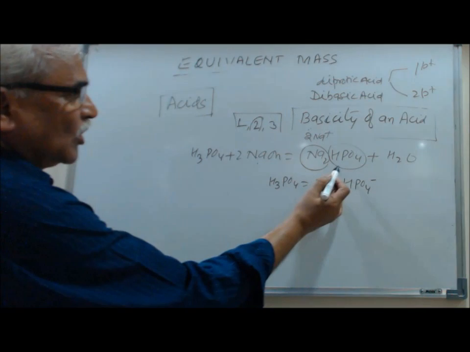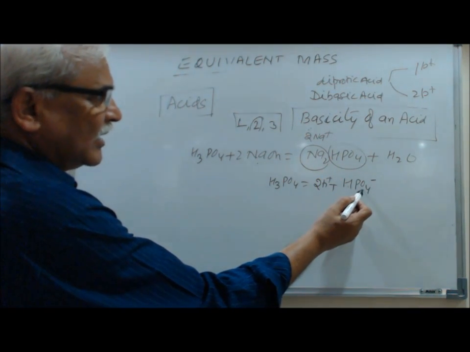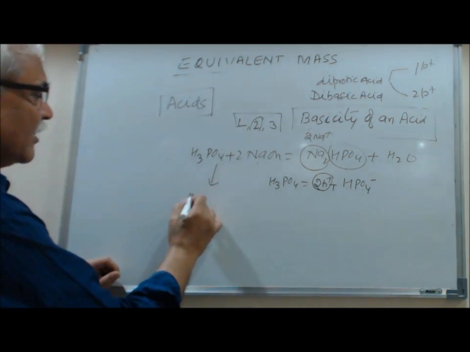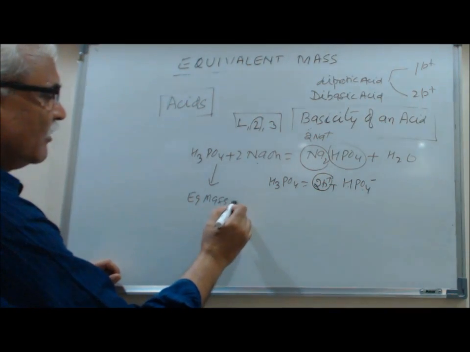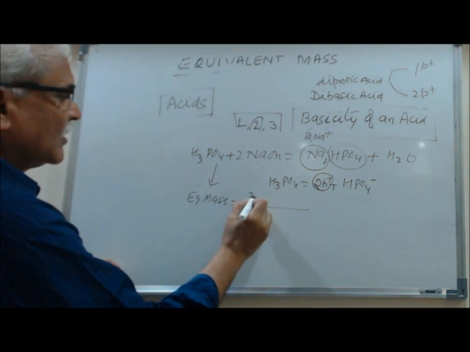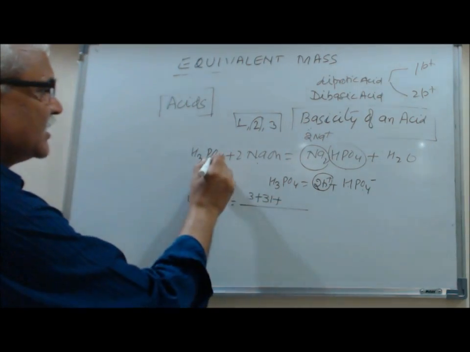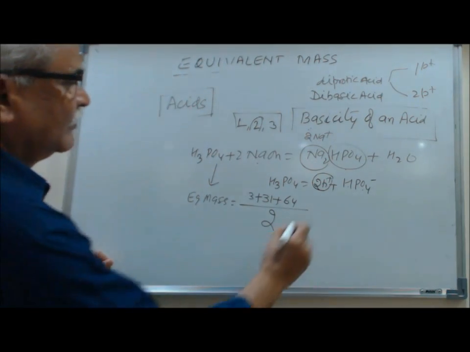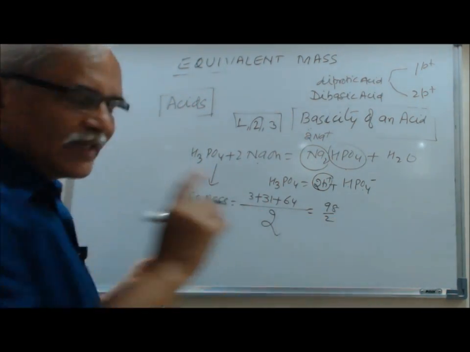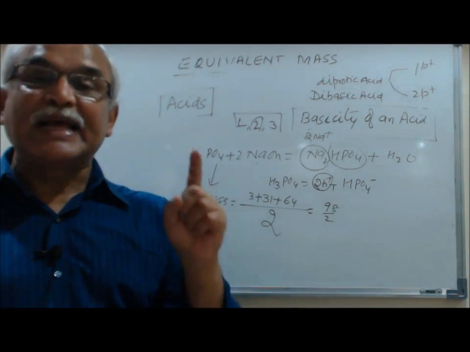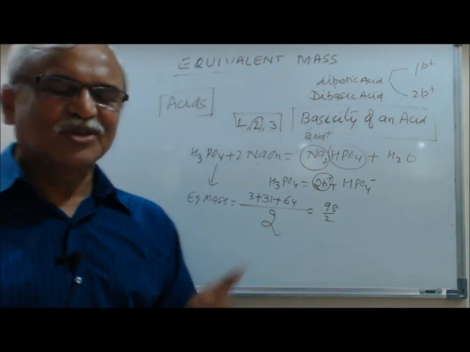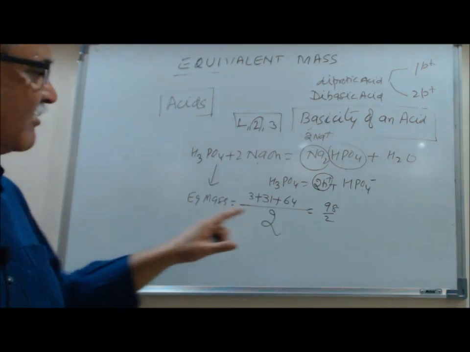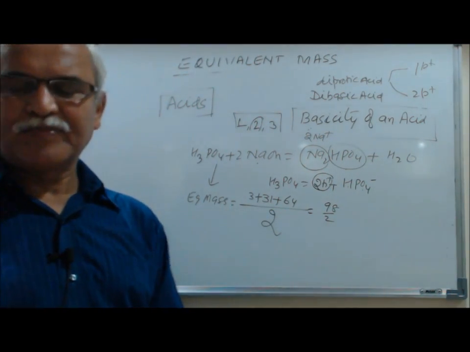So in this reaction, because we have HPO4 2-minus coming out as an acid radical, only 2 protons must have been involved. So here the equivalent mass of H3PO4 will be its molecular mass, 3 plus 31 plus 16 times 4, 64, divided by 2, that is 98 by 2. It is just a chance. Sulfuric acid and phosphoric acid have same molar mass 98. So in this reaction its equivalent mass will be 98 by 2. Am I clear?